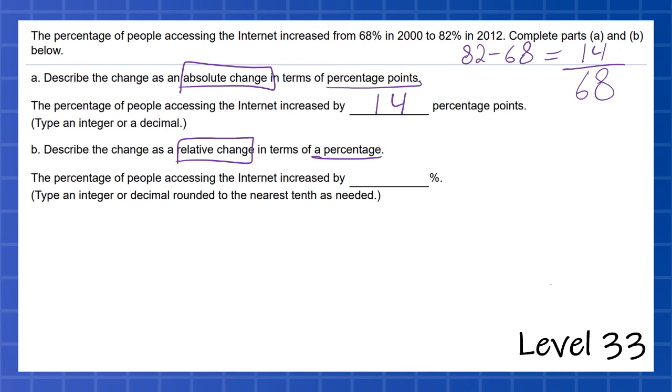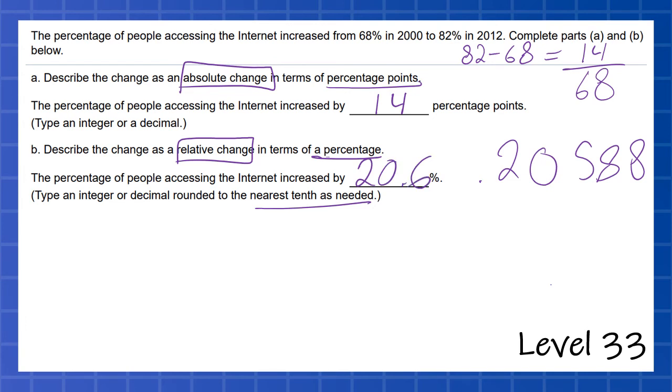And I got like 20.20588, and it kept going. But I need to round it to the nearest tenth. That means one decimal place. So after I multiply by 100, I'm going to get 20.6%. So notice that those are different because percentage points are not the same as a percentage.